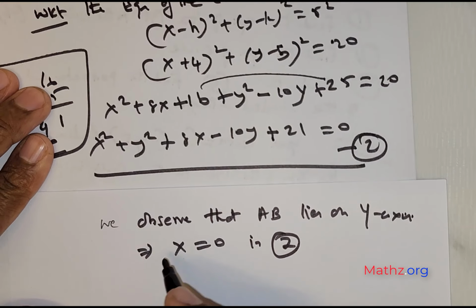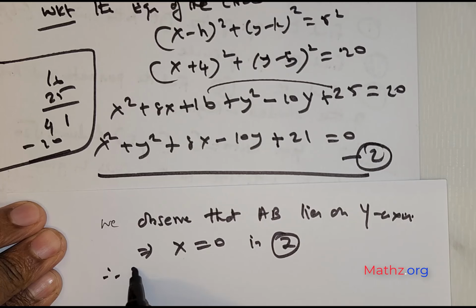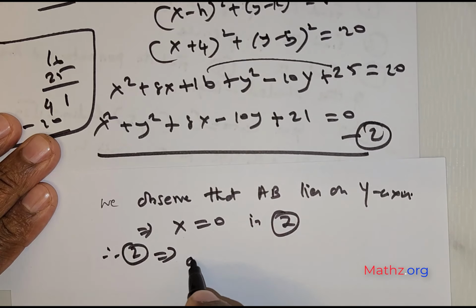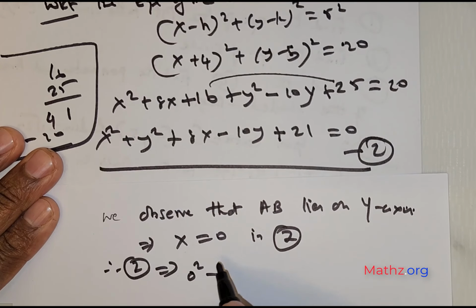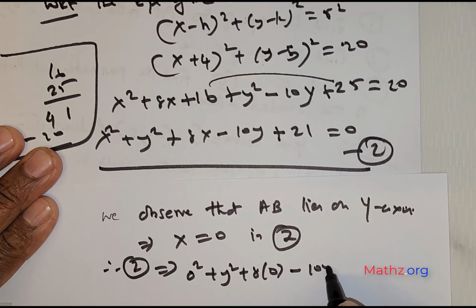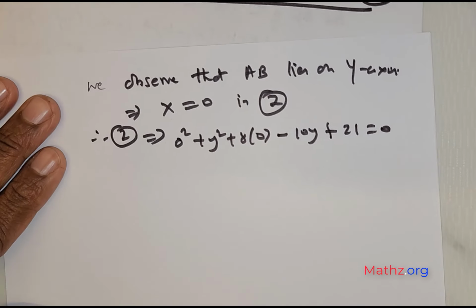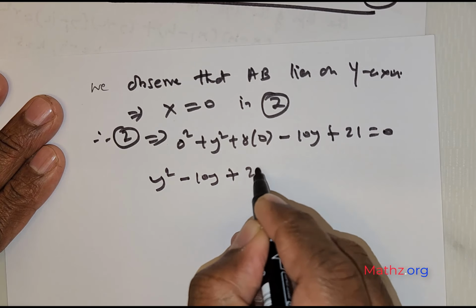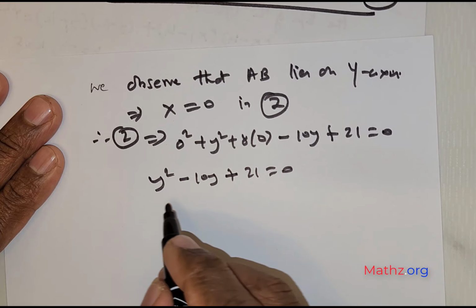So you substitute x is equal to 0: 0 squared, positive y squared, positive 8 times 0, negative 10y, positive 21 is equal to 0, right? So you have y squared negative 10y positive 21 is equal to 0.